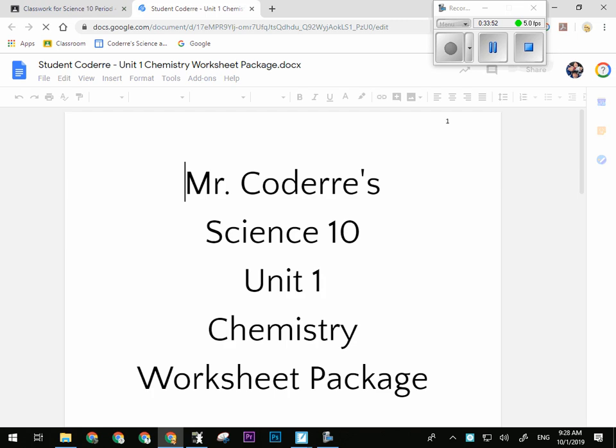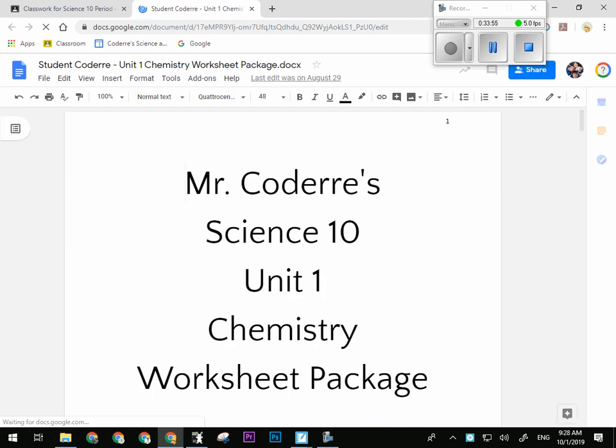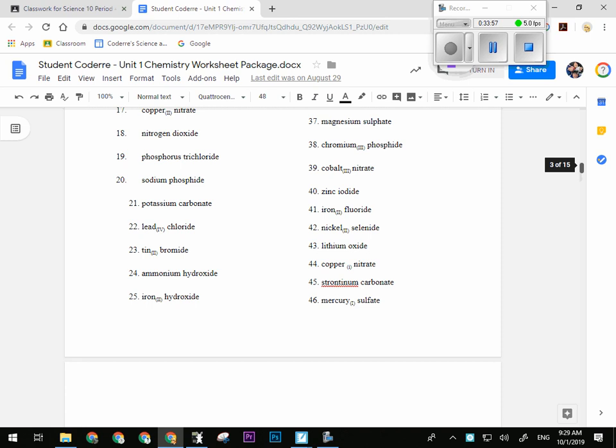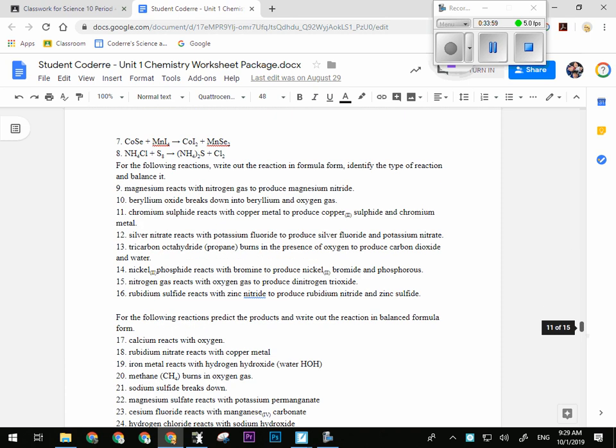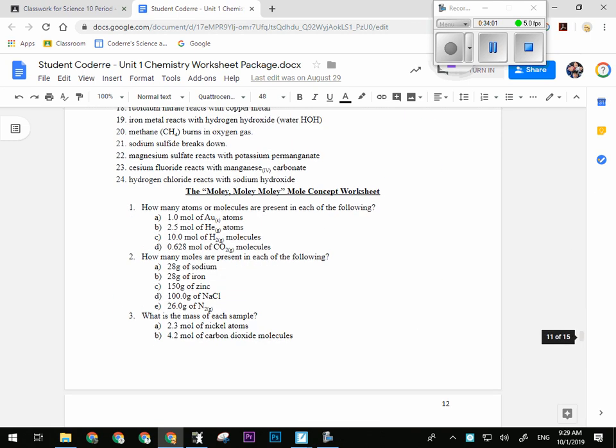So go to the digital workbook file, which is the bottom right, and near the end you will find a worksheet entitled the Mole Concept Worksheet. I will show you a video explaining why it is called the Mole Equation Worksheet in a little bit to give you a little break.